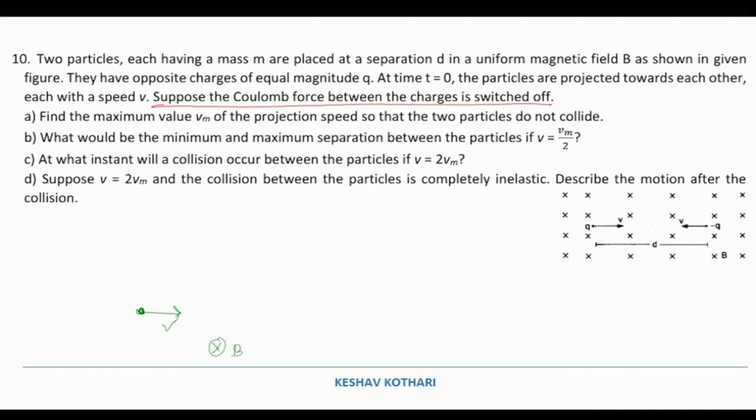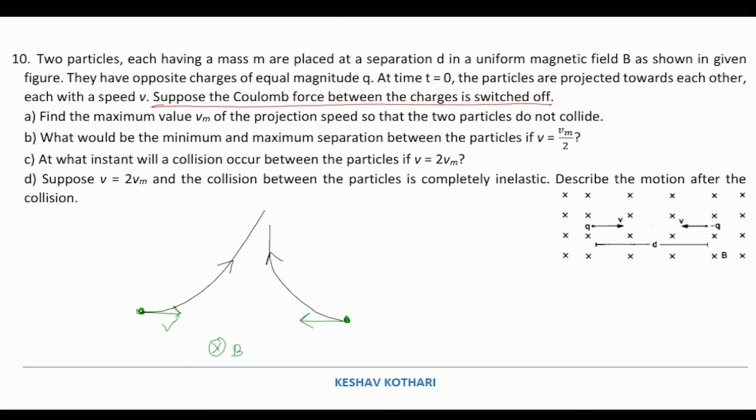That is, the positive charge is going to move in a path like this, in the upward path. And the negatively charged particle which is approaching from the other direction in the same magnetic field is going to move in this direction. And this is the reason that there is a tendency for them to collide.